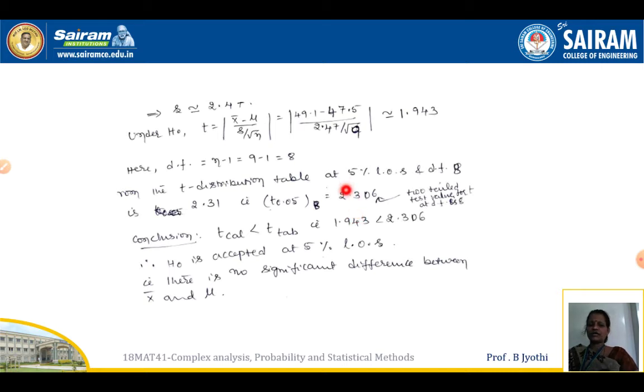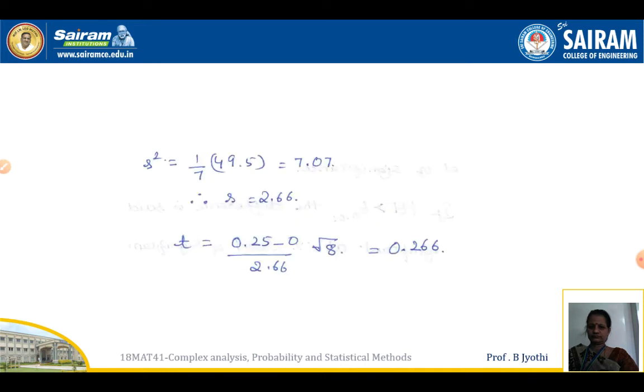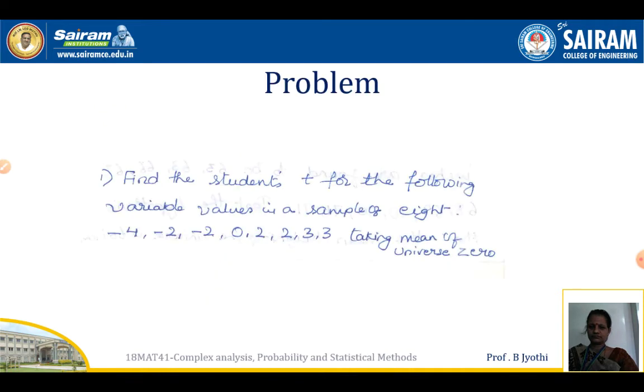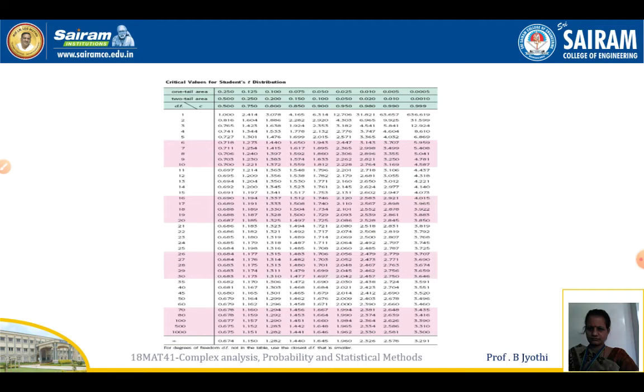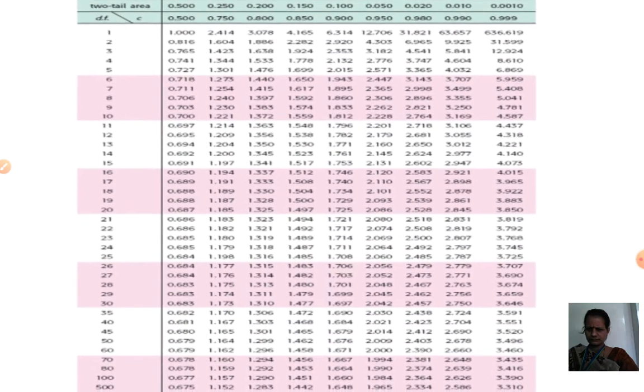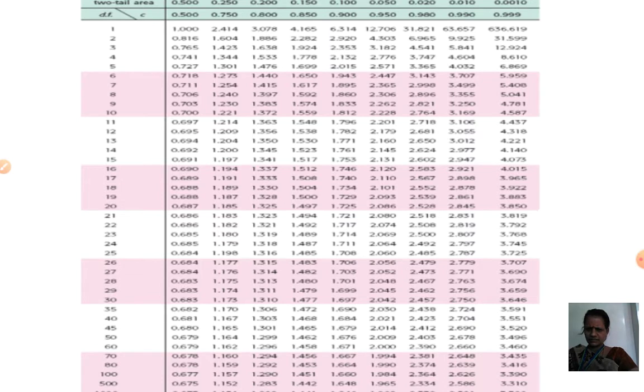I'll just show you how it has to be referred. Degrees of freedom is 8 and it is a 5% level of significance. Degrees of freedom is 8 and 5% level of significance, you can refer here, 2.306.